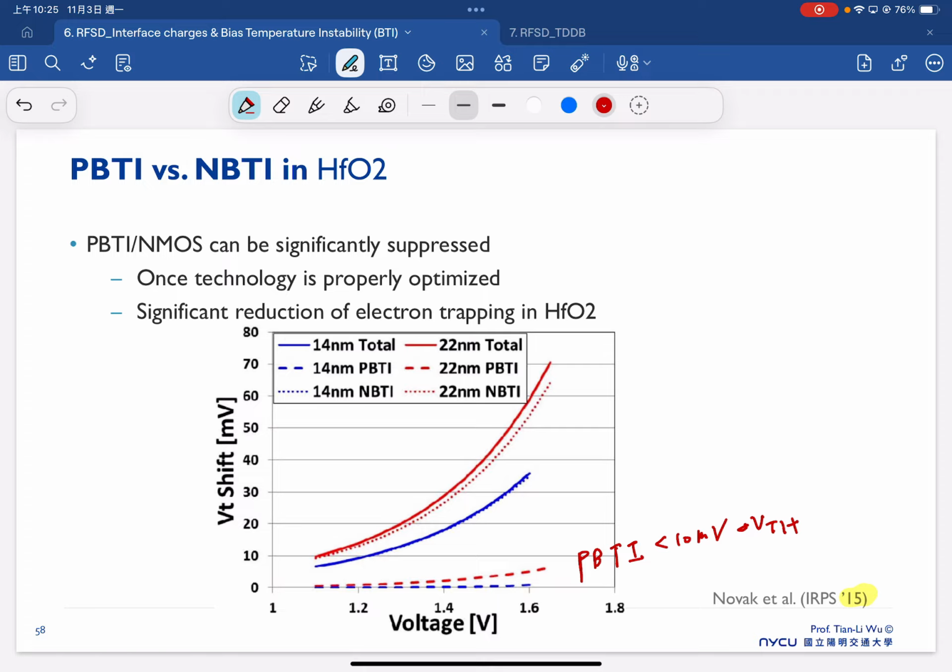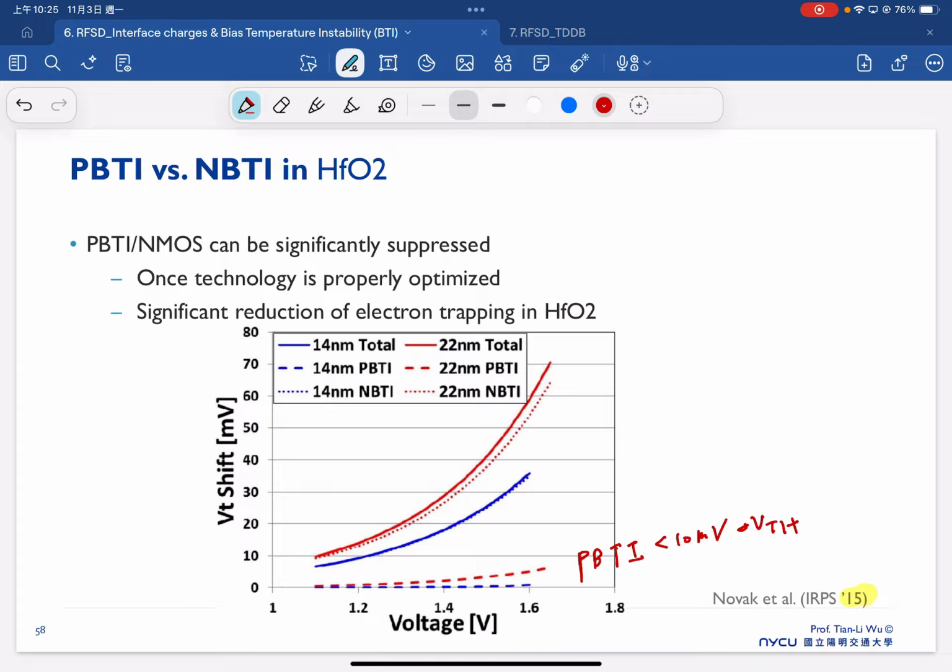So, as we showed several slides ahead, we set the criterion of 30 millivolt as a lifetime. You probably feel like, how can it be so small? Because if you're working in a university lab and you try to do BTI on your device, you will immediately get more than 30 millivolt in less than 1 second.